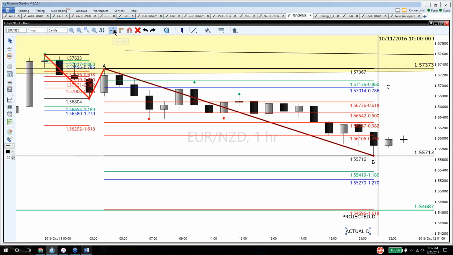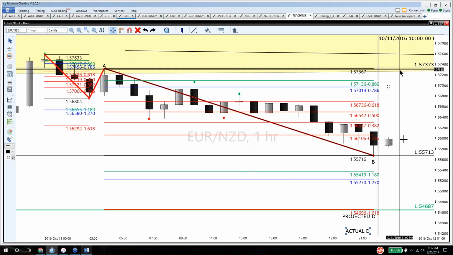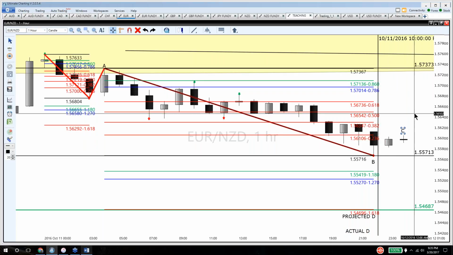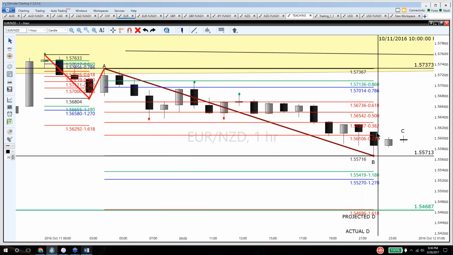So I can take my crosshair tool, start from the A if I must, work my way down until I get the first one that touches. Boom, there it is. This is my C retracement. Now, Rick brings up a very good point. Rick says, super shallow. Rick, that's excellent. This is indeed a super shallow C retracement.